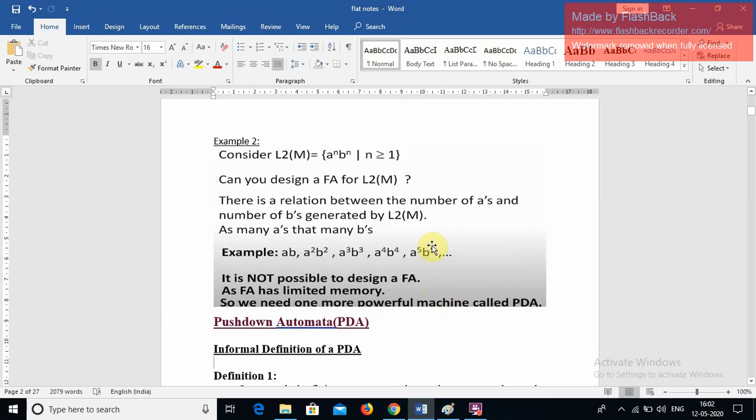What you understand from the example is that for constructing this kind of machine, the system has to remember something, which means it requires storage memory. An FA has limited memory, which is not enough for this kind of language. For this we need another machine, that is nothing but a PDA.